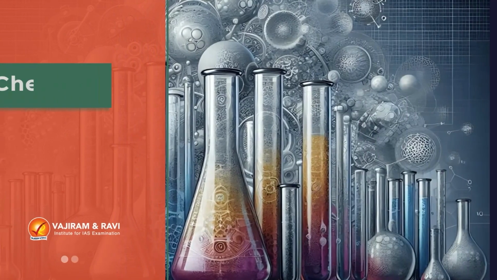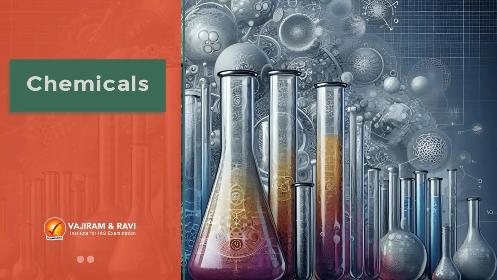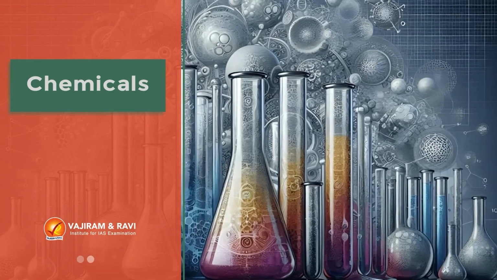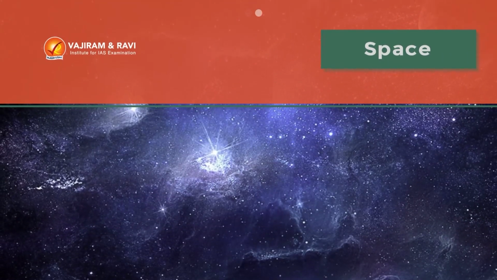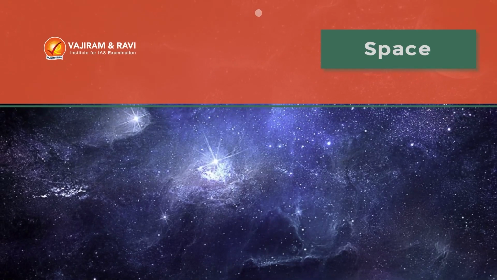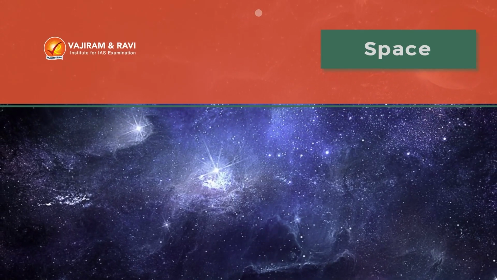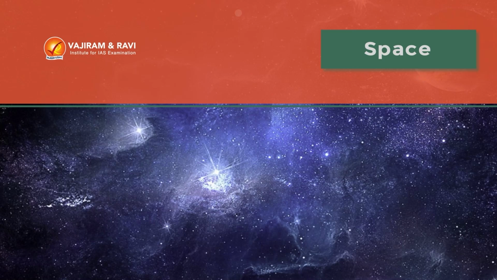In the second, we will read about the chemicals, specifically their associated disasters and their preventive measures. Then, we will uncover the newfound secrets of the space and also that of the Earth. Then, we will evaluate the performances and new innovations by space agencies like ISRO and also the contribution of women in space programs. So, for a detailed analysis, stay tuned.